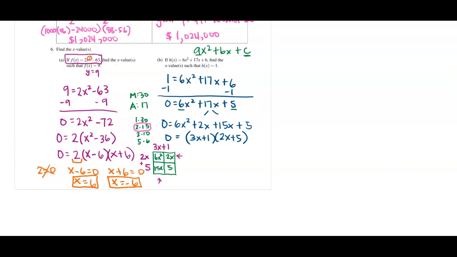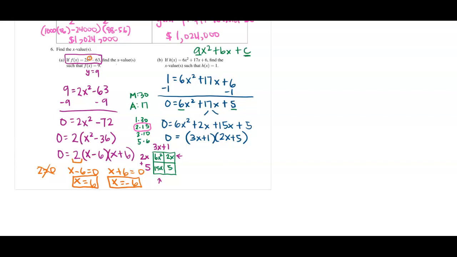Even if I switch these around, it's going to be easiest if you have that x squared term up here and your 5 down here, but it doesn't matter where you put your 2x or your 15x, because you will end up with the same thing. Is that what you guys got when you factored it, or are there questions about how to get there?